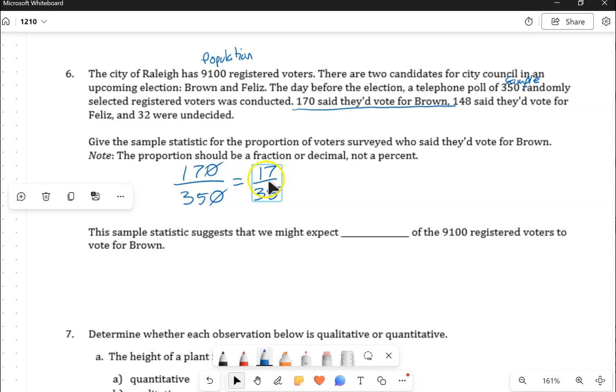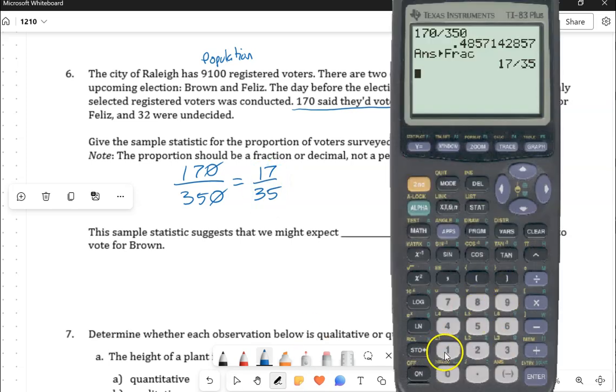Okay. Now, you want to be careful, because if you actually go to decimal form, you would then tempt yourself to round, like 0.49. And you'd lose a bunch of information if you did that.